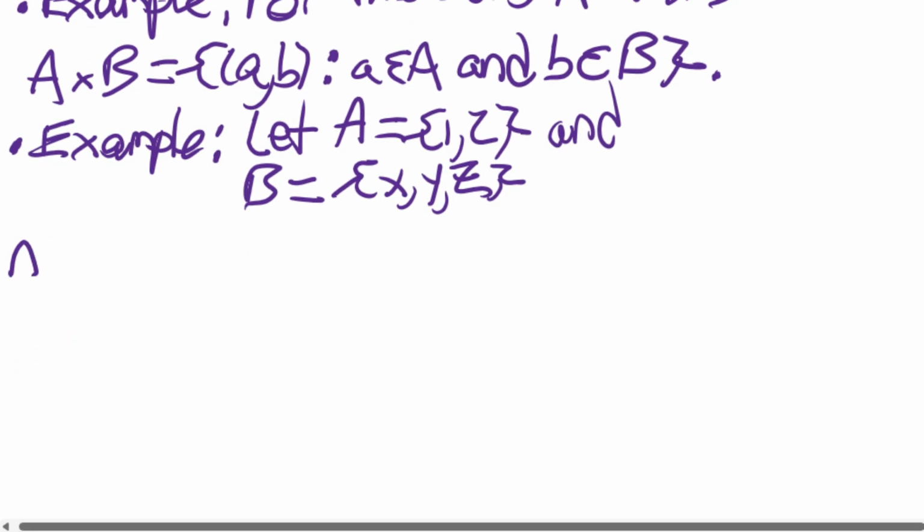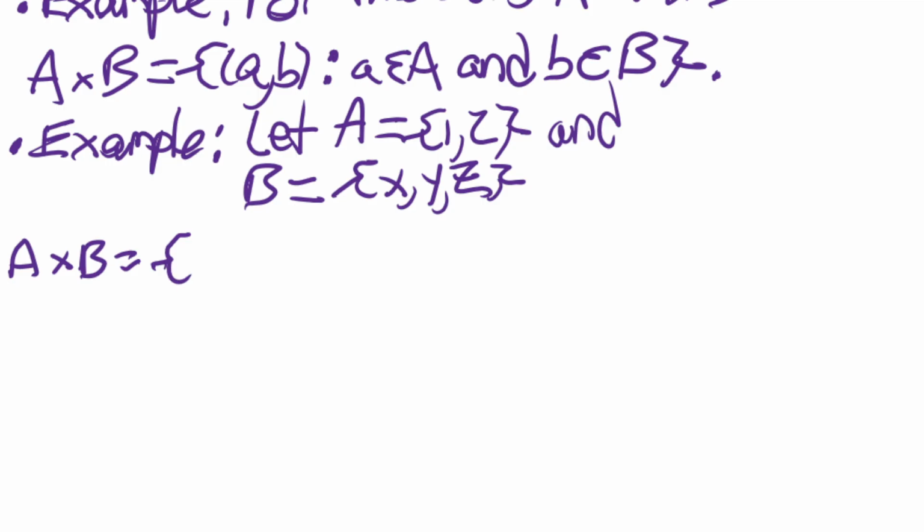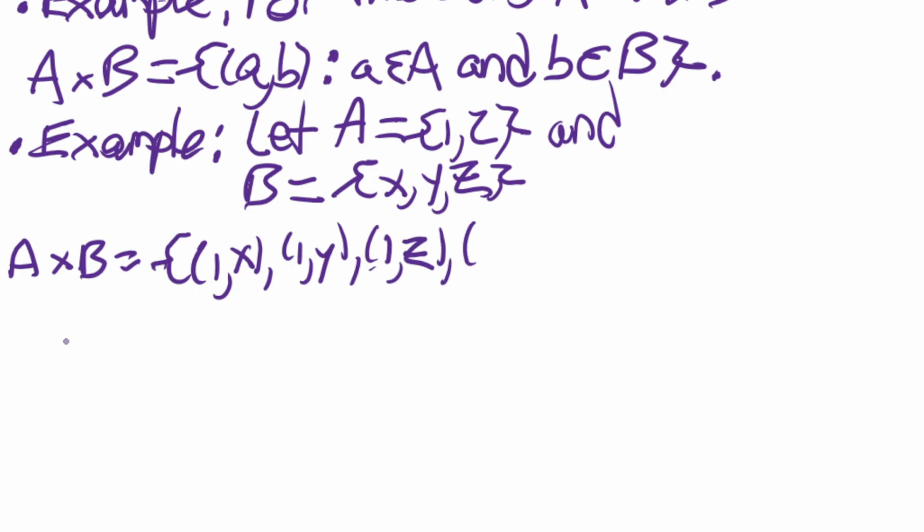So the Cartesian product of A and B is 1x, 1y, 1z, 2x, 2y, 2z.